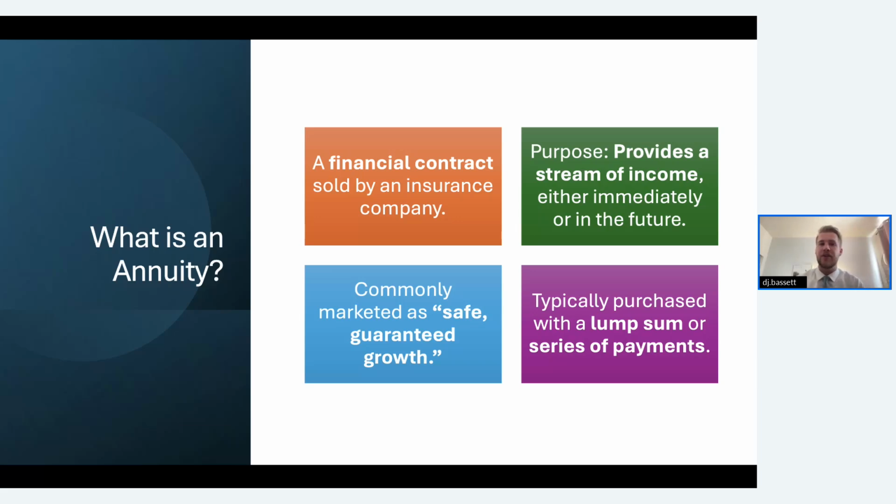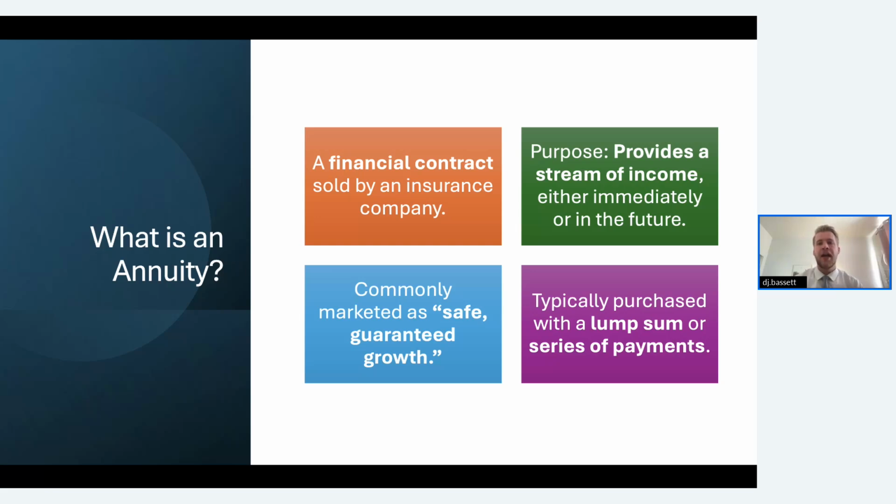You have variable annuities, and we'll go into those in a minute, that are more of the investment side of things, and so there's some guarantees there, but at its root, an annuity is marketed that way because you're agreeing to a certain rate of return, agreeing to a certain income stream, so there is some guarantee there that the insurance company has to hold up their end of the bargain of what they promise that they're going to give you.